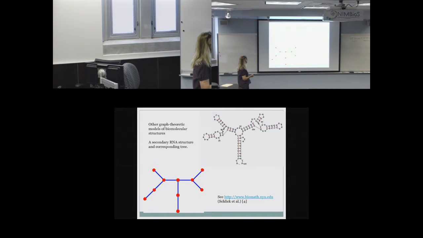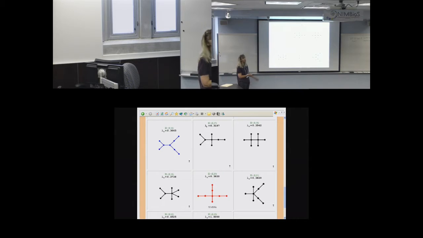So this group at NYU represents secondary RNA structure with a tree graph. And then similar to the saturated hydrocarbons, all possible configurations are given, and these are cataloged by their second smallest eigenvalue, or the Fiedler eigenvalue.